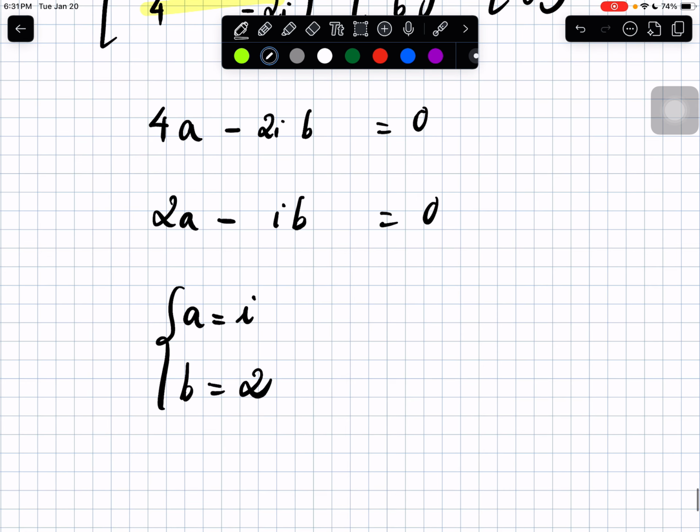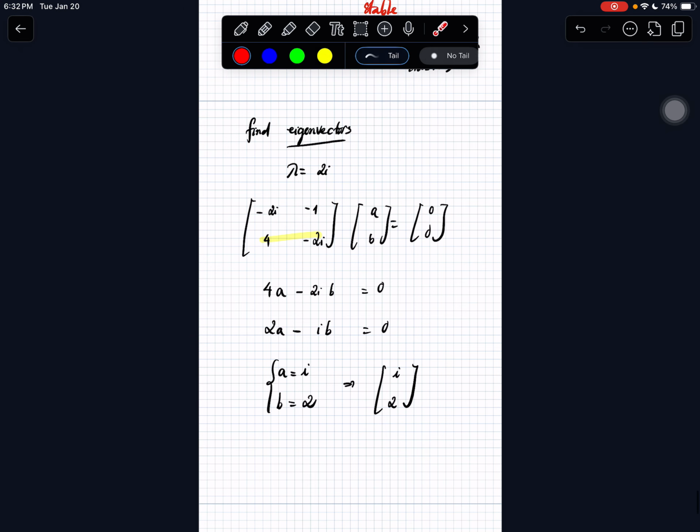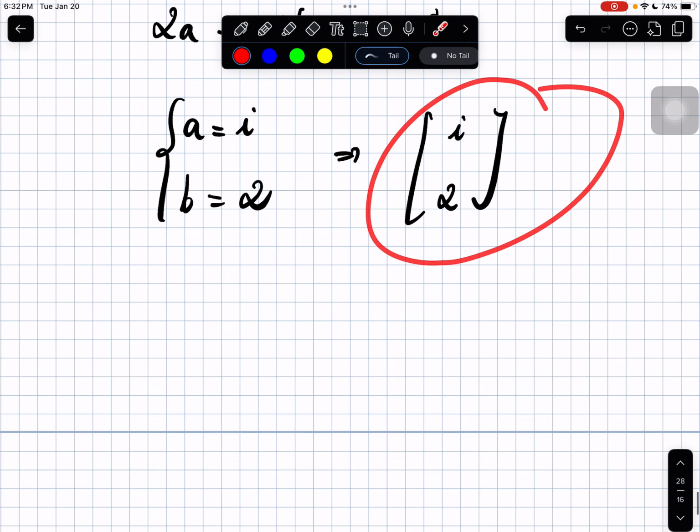That would give us 2i minus i times 2 equals 0. So that is one eigenvector, and the one corresponding to minus 2i is just the conjugate of that, so we don't need to worry about that. This is v.